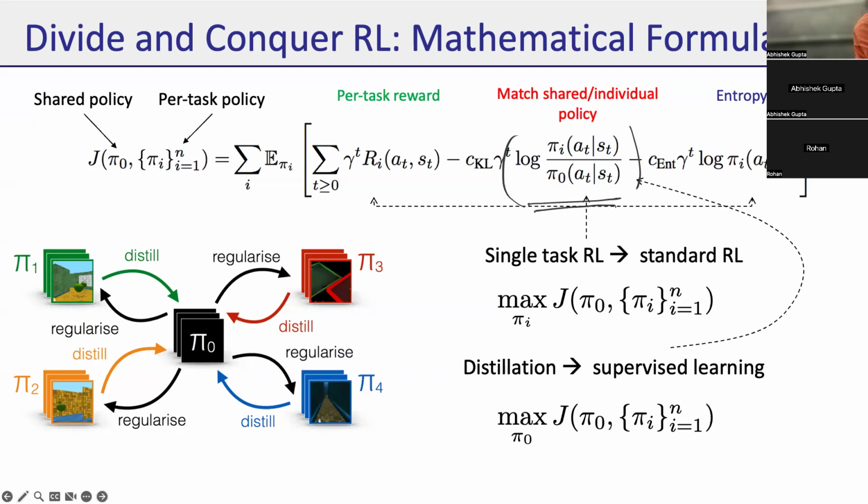Right now what it's saying is that this is the old policy and this is the shared policy, this is the individual policy, and you're letting it go as far as you want. You're kind of saying clip it so it doesn't go past some level. You could certainly do that, but you're still going to have some sort of density ratio to constrain. Yeah, good point. And then the other side is much easier, right?